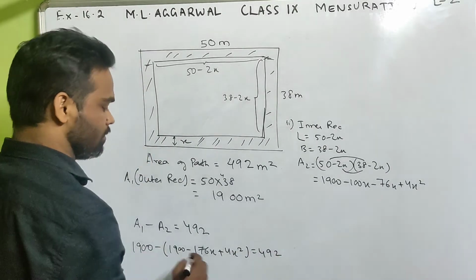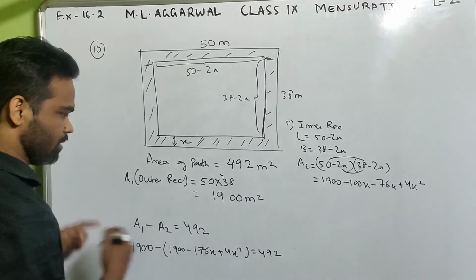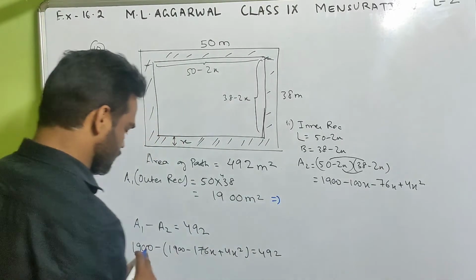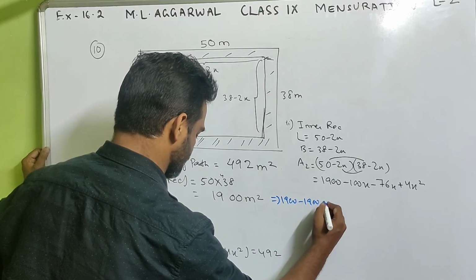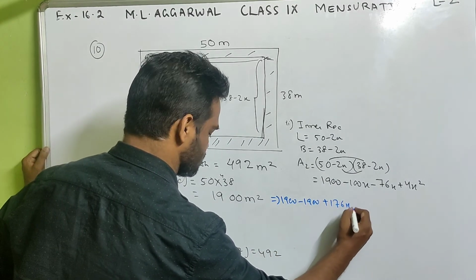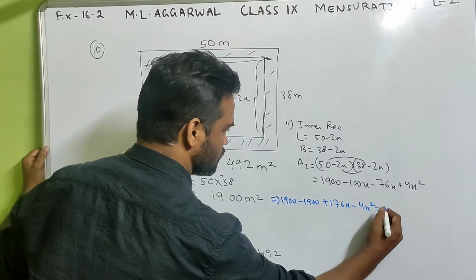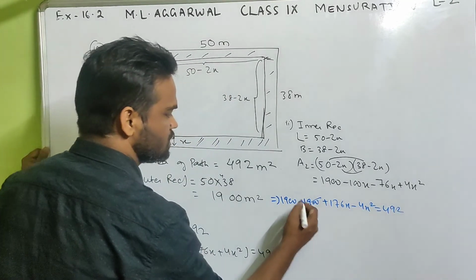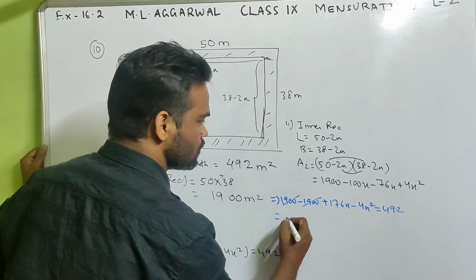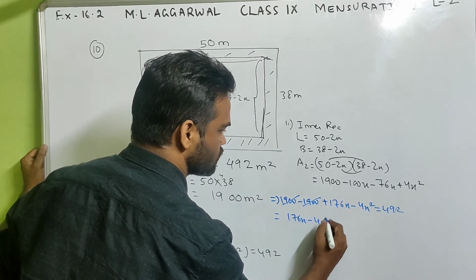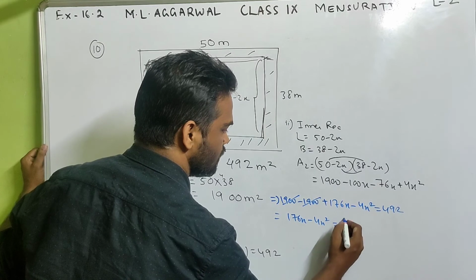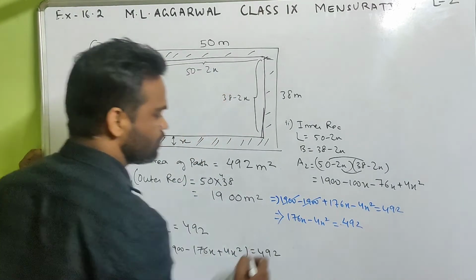Now we need to solve it. Just look over here, I'll open the bracket and solve it. 1900 minus 1900 plus 176x minus 4x square equals 492. This cancels out. So what is left over here? 176x minus 4x square equals 492.